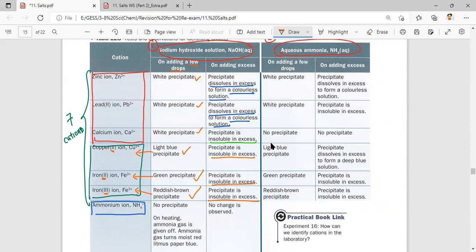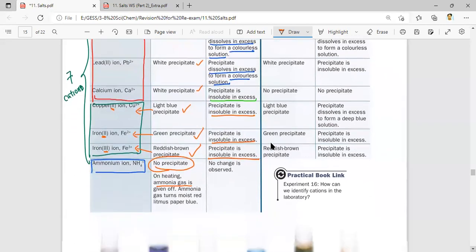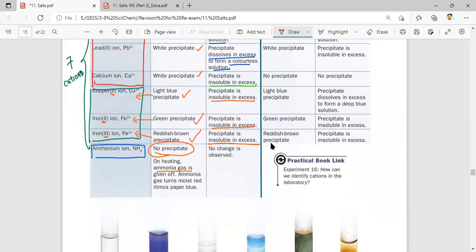The last one will be the ammonium cation. How do we test for it? When you add sodium hydroxide initially, there's no precipitate. But when you warm it, ammonia gas is given off. How do I know ammonia gas is given off? It's because my moist red litmus paper turns blue. What is happening here is that this is an ammonium salt reacting with an alkali.